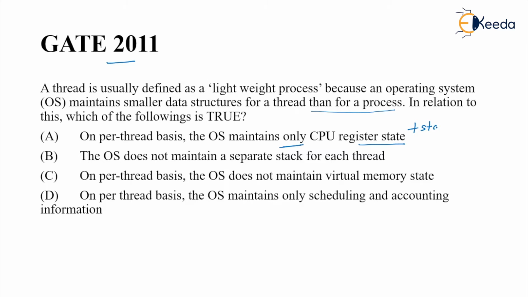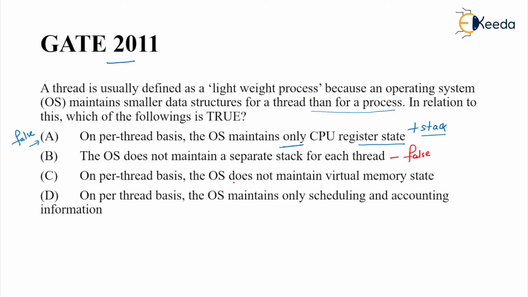It also maintains the stack. So because of the term only, I'll say this one is false. The OS does not maintain a separate stack for each thread. Yes, it maintains one, so that statement is also false.